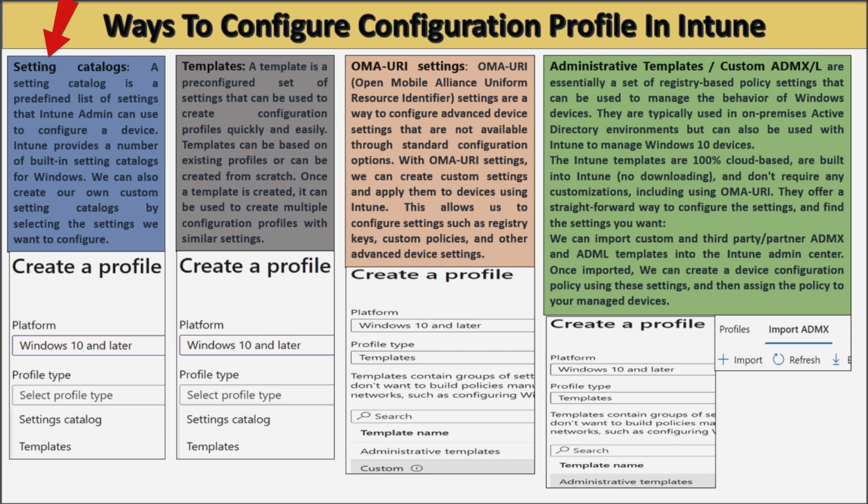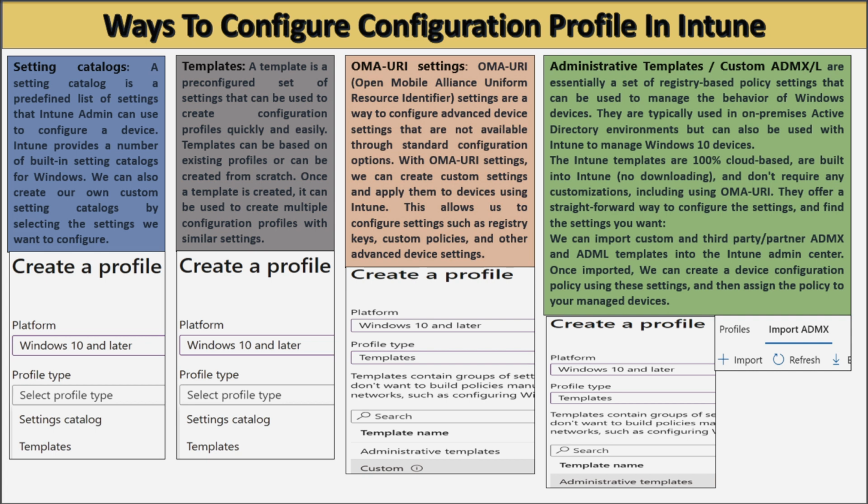A setting catalog is a predefined list of settings that an Intune admin can use to configure a device. Intune provides a number of built-in setting catalogs for Windows, and we can also create our own custom setting catalog by selecting the settings we want to configure.